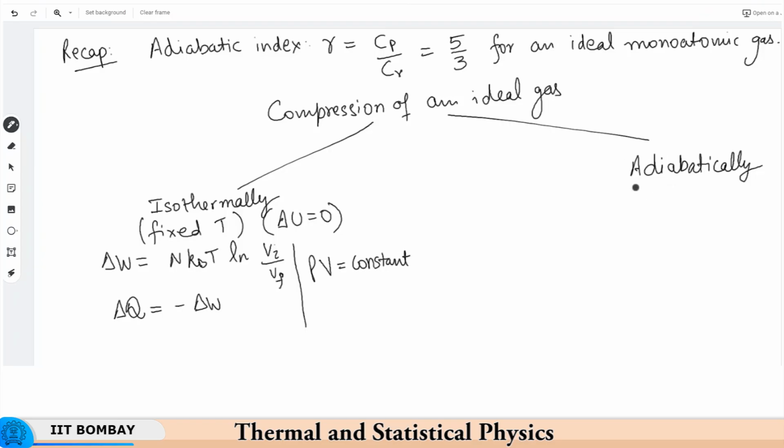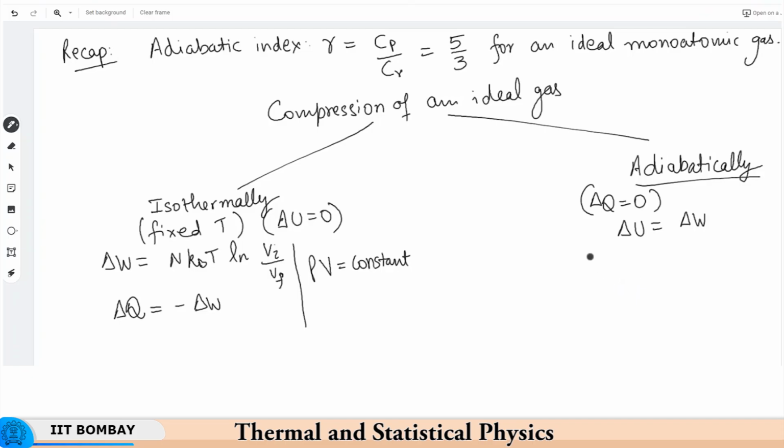And we also know from the ideal gas equation that for an isothermal process, PV is a constant at constant temperature. On the other hand, in an adiabatic process, we said heat exchange is not allowed, which means delta Q of the system is 0, right. And in this case, we can see from the first law that the change in internal energy is equal to the amount of work done on the system, since we are compressing the gas.